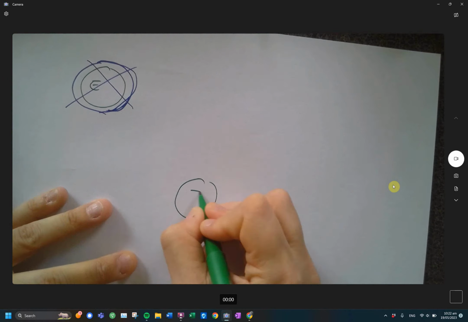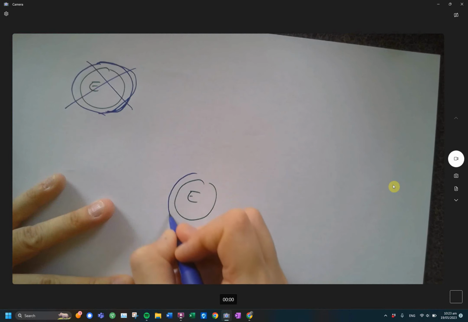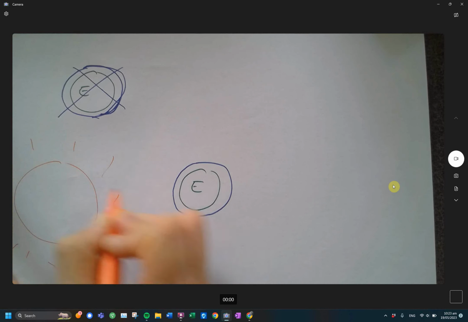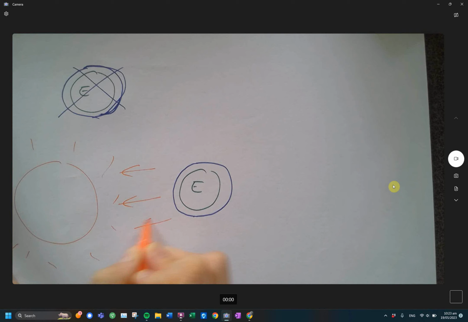All right, so we have the Earth, and then we have the water on the Earth, like that. Now, there are two gravitational bodies that pull on the Earth. The first one is the sun. It has gravity, and it's going to pull stuff towards it.